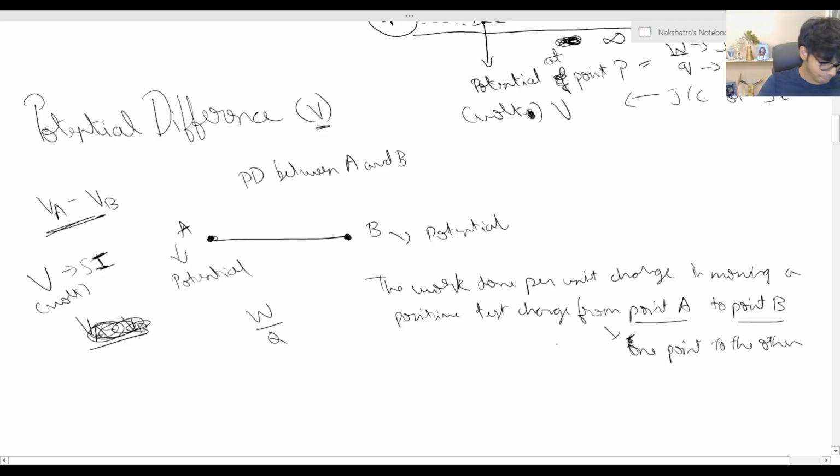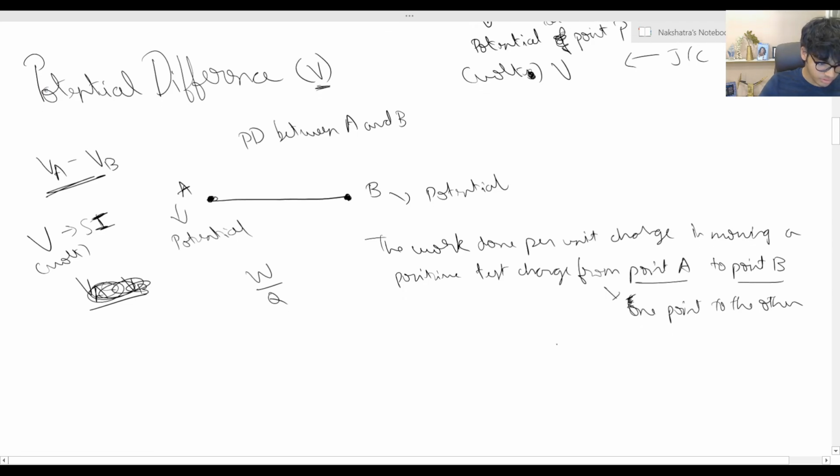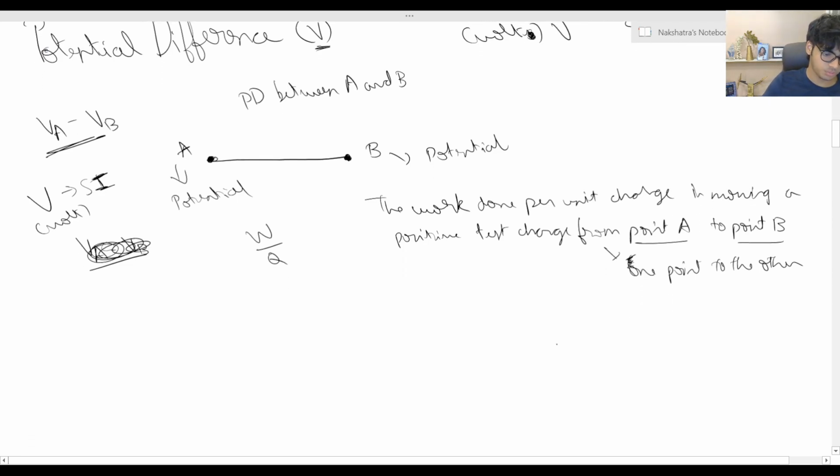Right? Now what is the point of potential difference? The point is, without potential difference current will not flow. So if I have A and B, and if I say at A the potential is V1 and at B the potential is V2, so the potential difference is V1 minus V2.